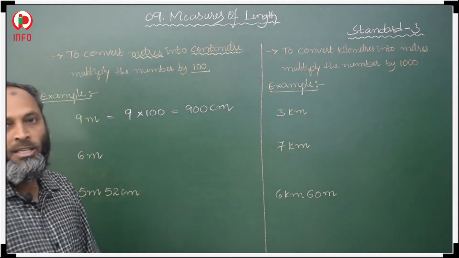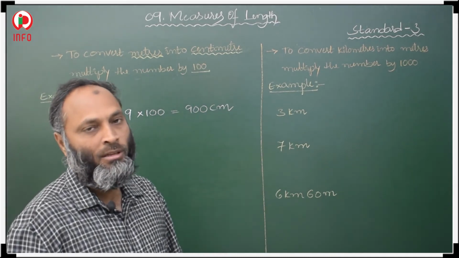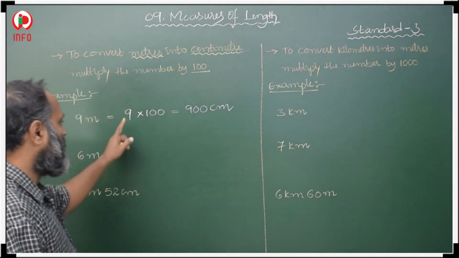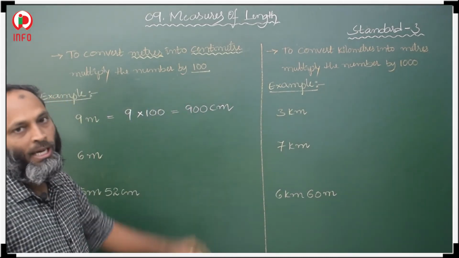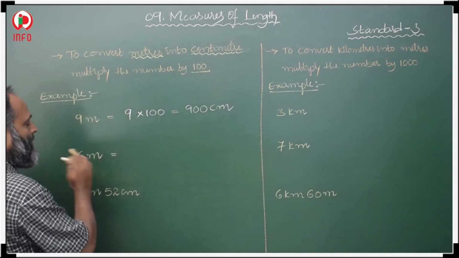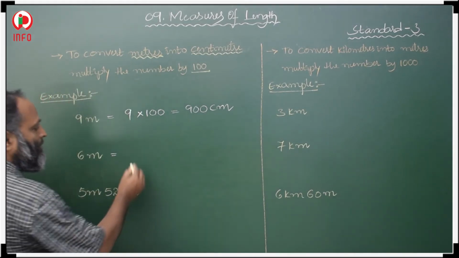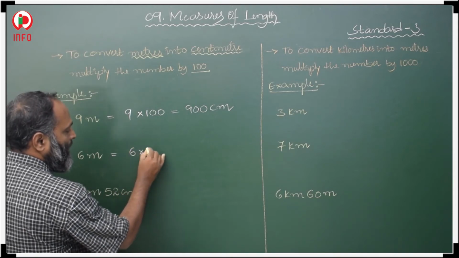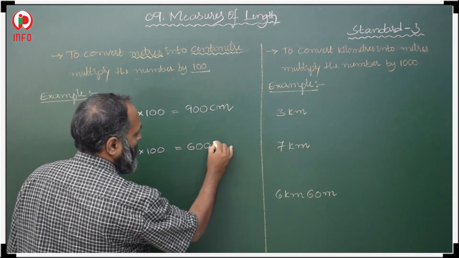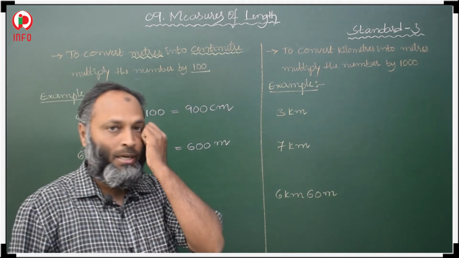Whenever meters are given, we multiply with 100 to convert into centimeters. In the same way, 6 meters: how to convert into centimeters? Again we multiply with 100. 6 into 100 is 600 centimeters.